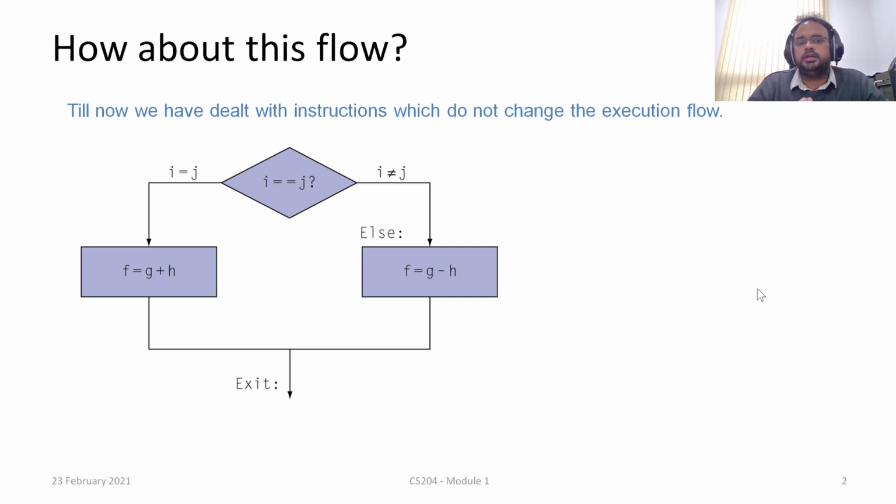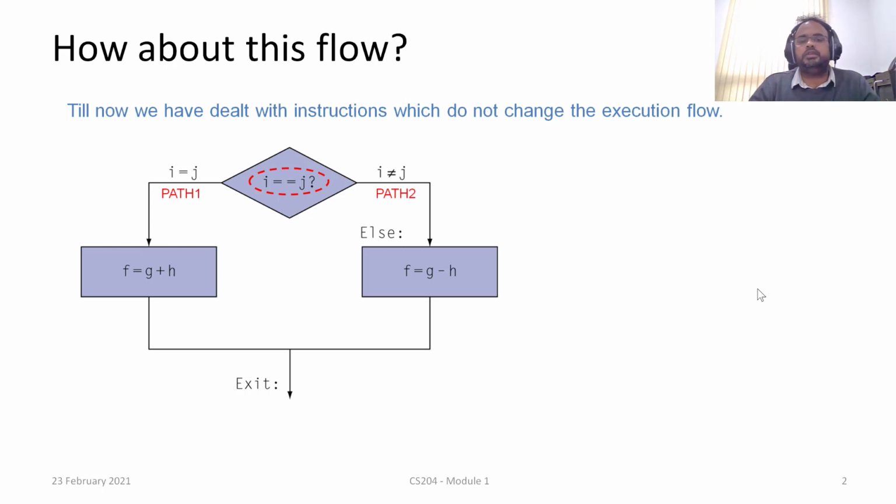Now what if we want the hardware to execute a code which looks something like this, where there is a possibility of more than one path. So let's label them as path 1 and 2, and the path which we pick is based on some condition. Here the condition is whether i and j are equal or not.